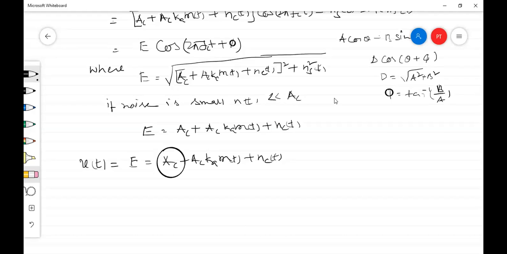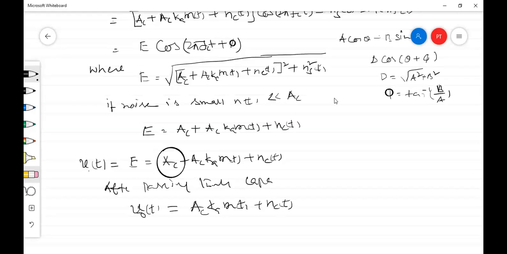After passing through the capacitor, I'm writing it as V naught of t, equal to simply AC into KA into M of t plus NC of t.